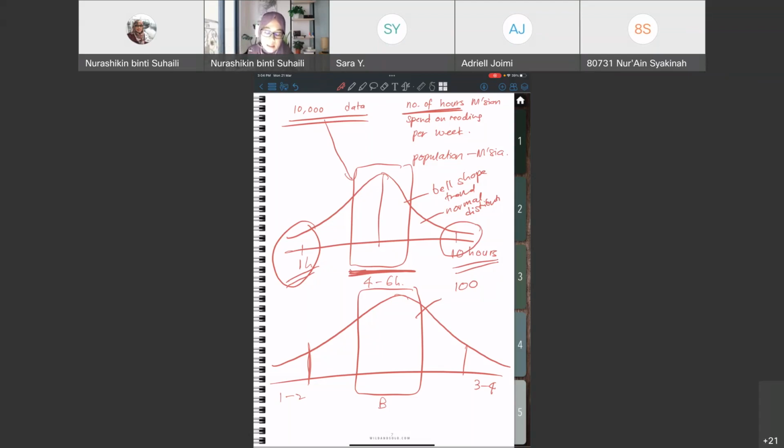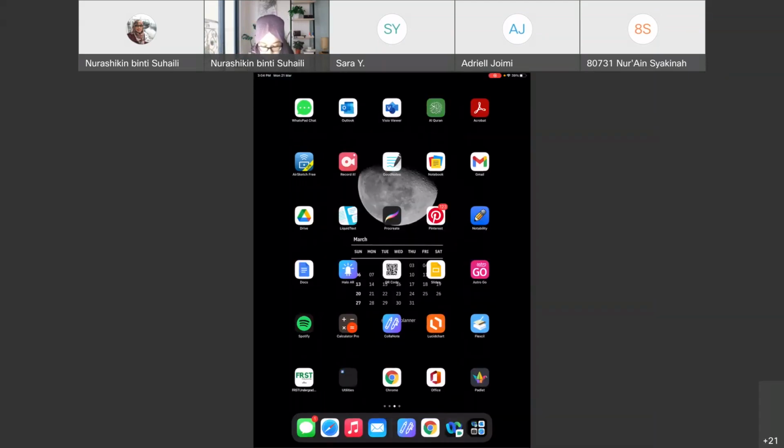And the statisticians have observed this. So that is what they concluded as normal distribution, and they put it under parametric statistics. Okay, jump back to here.